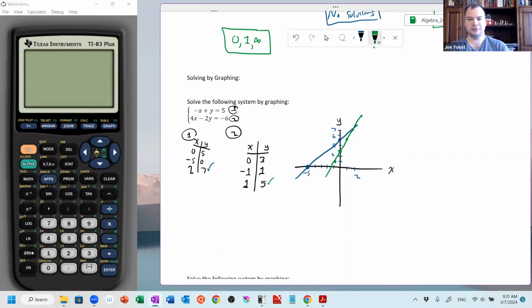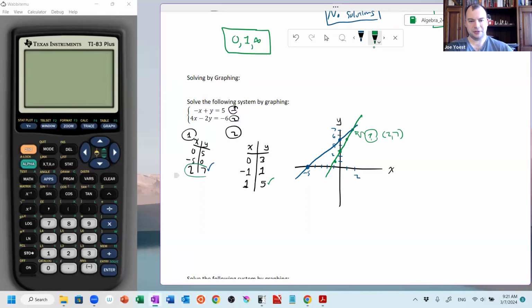So this does look good. So it kind of looks like I'm going through x equals 2, y equals 7.